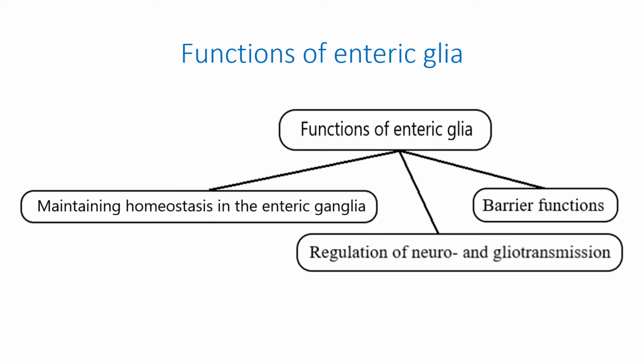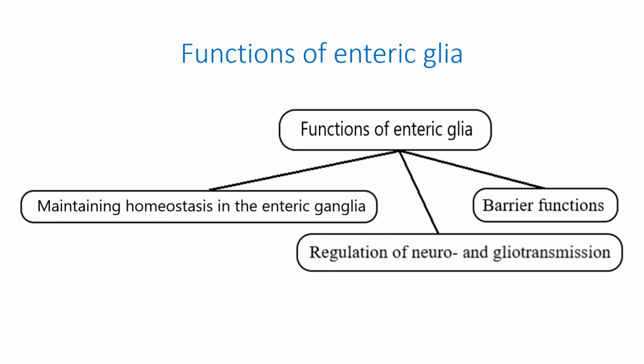Regulation of neuro and glia transmission. In addition to the homeostatic mechanisms discussed above, enteric glia sites are actively involved in the neurotransmission of neurons and are able to detect and modulate their activity. Enteric glia sites have a set of receptors which allows them to monitor the activity of neurons and initiate intracellular signaling mechanisms in response to the release of neurotransmitters.